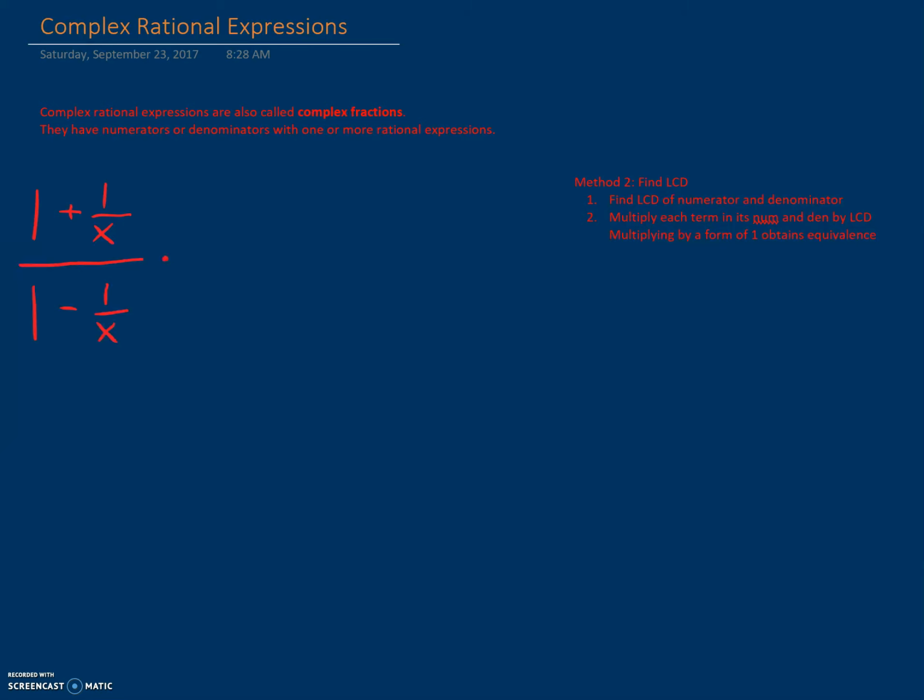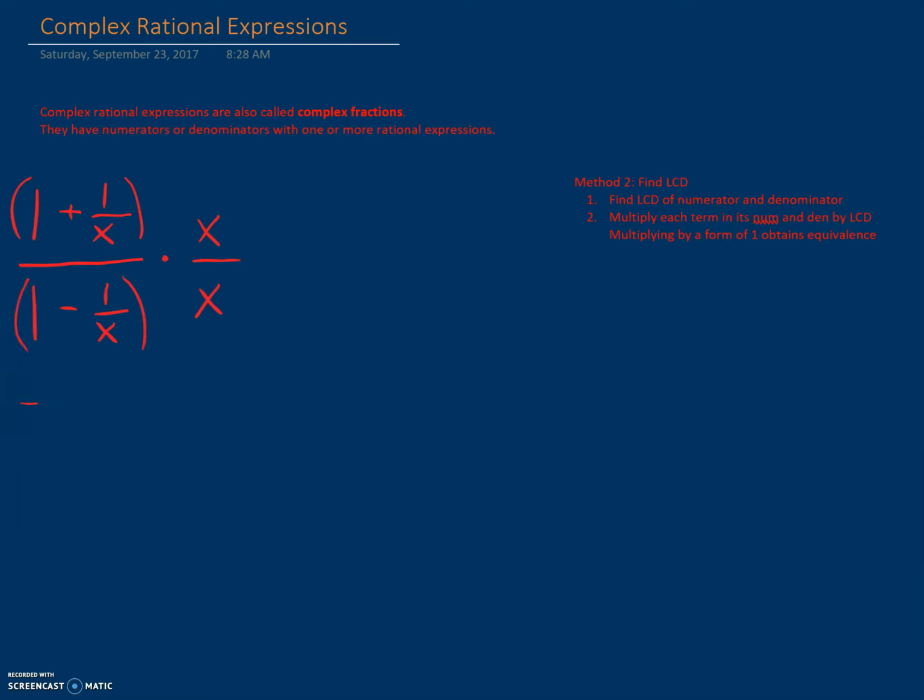So what we can do is multiply by x over x. That's just a form of 1, so you're still going to obtain equivalent fractions. When we do that, just think of distributing the x. We're distributing the x to both terms, right?